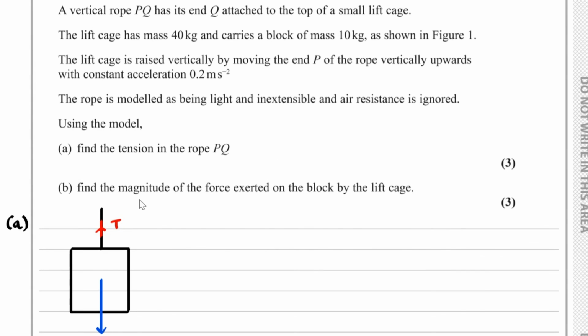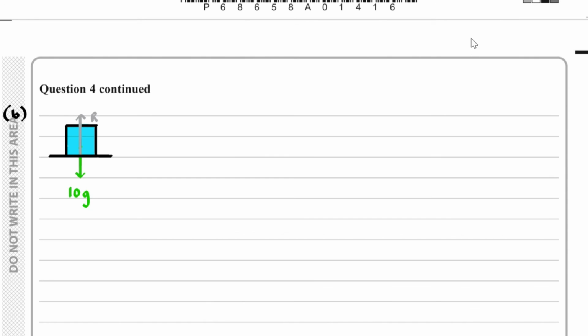Then for part B, we have to find the magnitude of the force exerted on the block by the lift cage. So here is a diagram for part B. We've got the block, it's got a mass of 10 kilograms, so the force here is 10g. We've got the reaction force R, which is what we need to find.